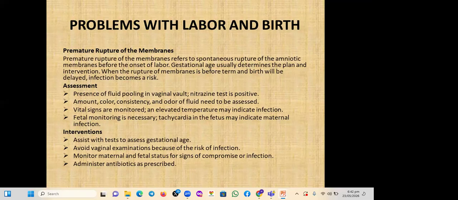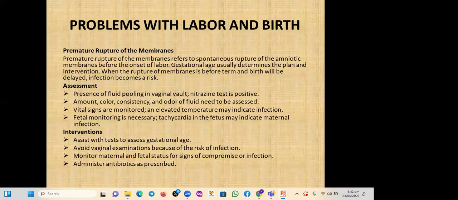So how will you know that one is having premature rupture of the membranes? One is the presence of fluid pooling in the vaginal vault. And when you see the fluid, don't just conclude that it is amniotic fluid. We do something we call the nitrazine test.